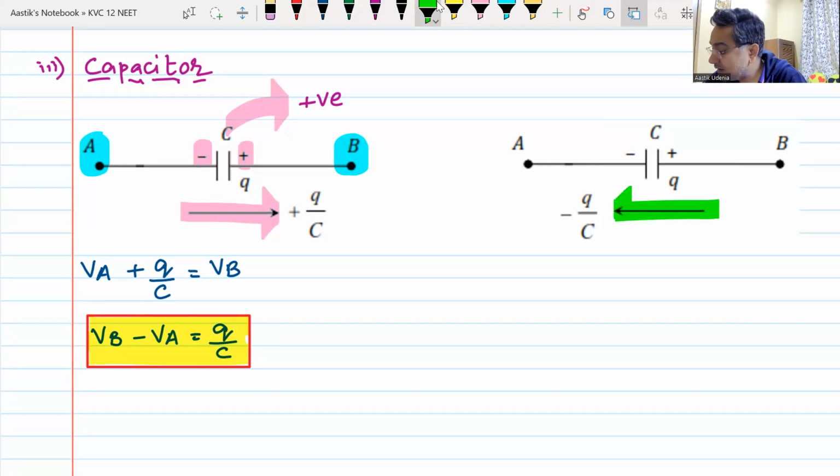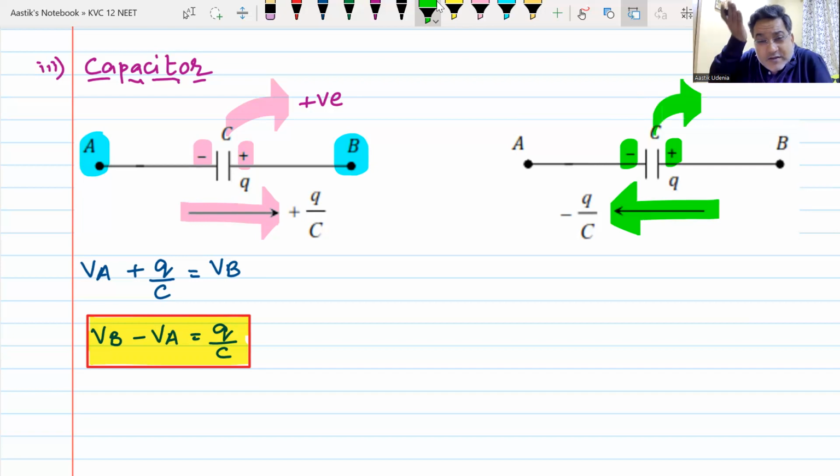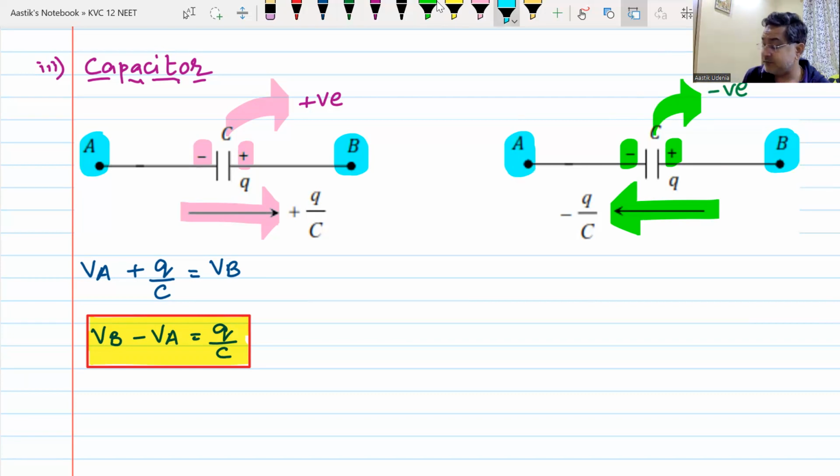In the second case, I may move from B to A, in the green direction. Then I move from the positive terminal to the negative terminal, from higher potential to lower potential. Can anyone write the equation from B to A?